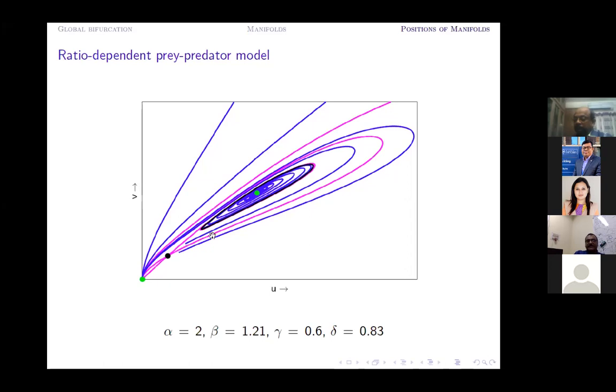Another interpretation of the unstable limit cycle is that it bounds the basin of attraction of this stable equilibrium point.